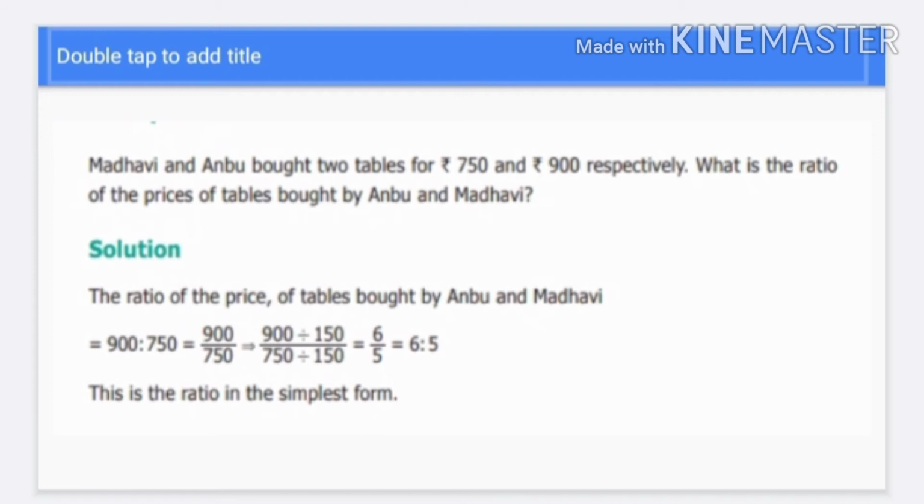Write the ratio in fractional form. 900 divided by 750. Cancel by 150 table. 150 into 6 equal to 900. 150 into 5 equal to 750. Equal to 6 by 5. The ratio is 6 is to 5.